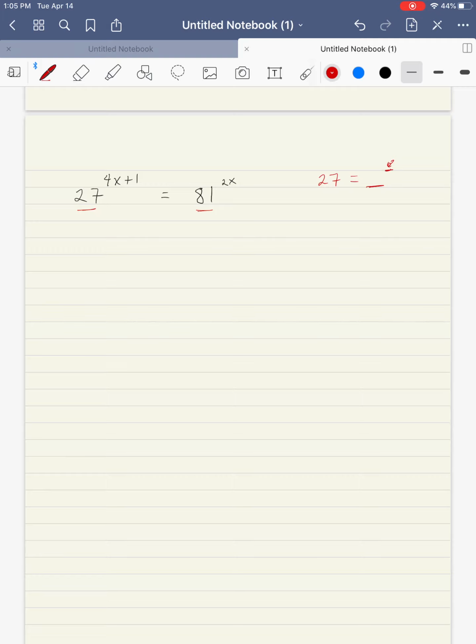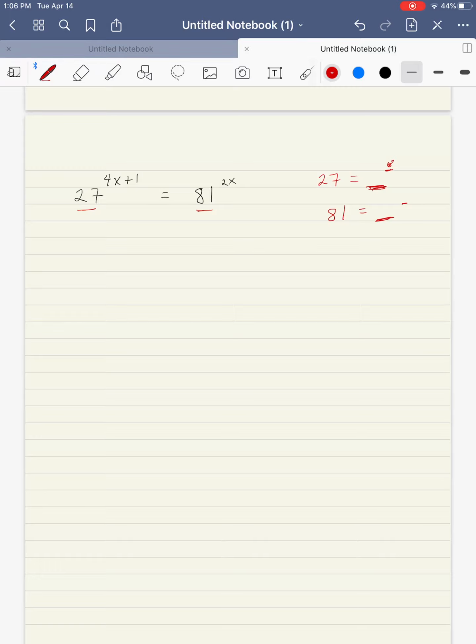Can I rewrite 27 as some number to a power? Can I rewrite 81 as some number to a power where this number and this number are the same? Well, 27 times 27, 27 squared, is 729. So that's obviously way too big. It's not 81. So I need to think of a third number that I can write to a power equals 27 and to a power equals 81.